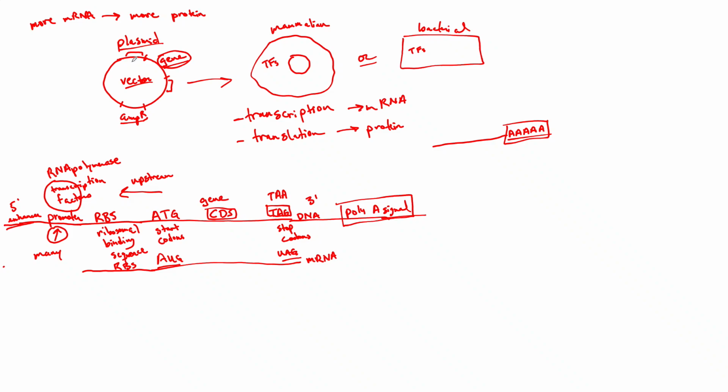So what we're going to do in this lab is take the GFP gene that's in a plasmid called PGFP, and we're going to move it to another plasmid called PQE31. The reason we're going to do that is because PQE31 has a promoter that PGFP doesn't have that we want this GFP to be controlled by.